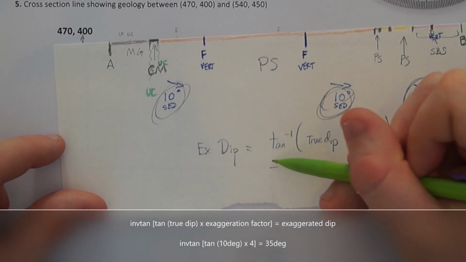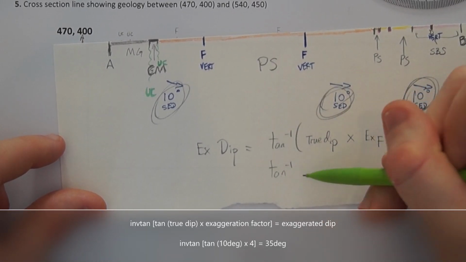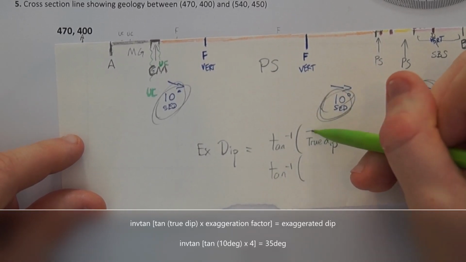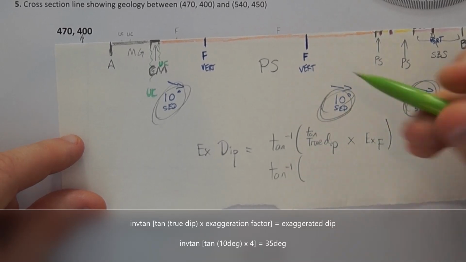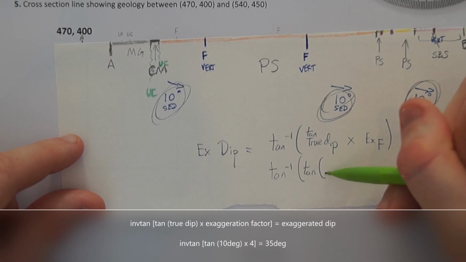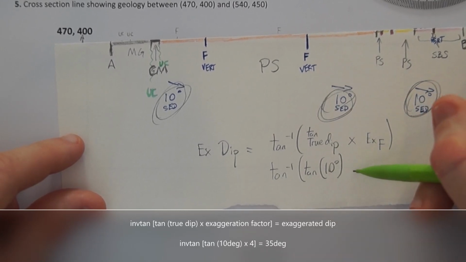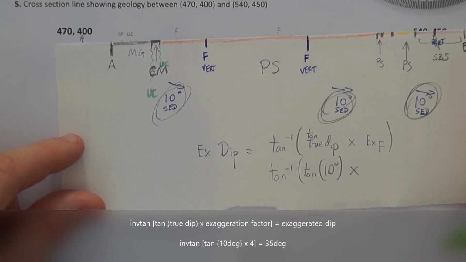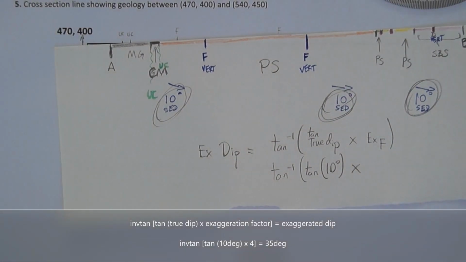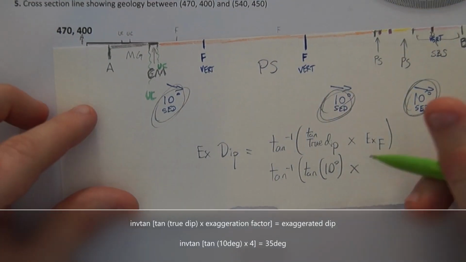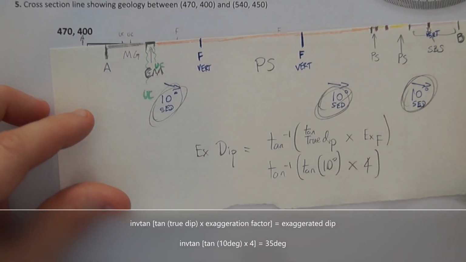Okay, so substituting in what we actually have, that should be the tan of the true dip. So it's the inverse tan of 10 multiplied by our exaggeration factor, which I think in our lab is, let me just double check that, is 4. So our vertical exaggeration factor is 4.